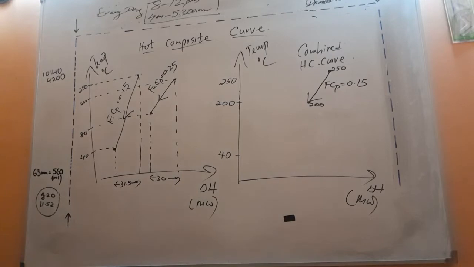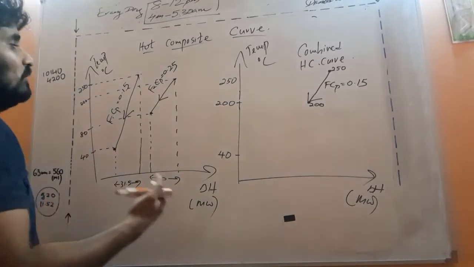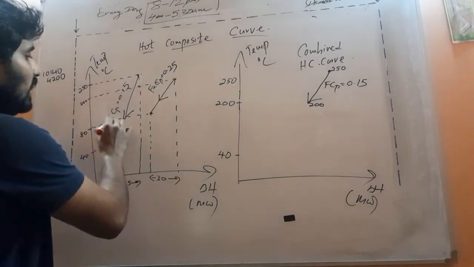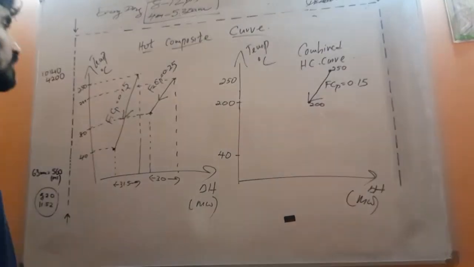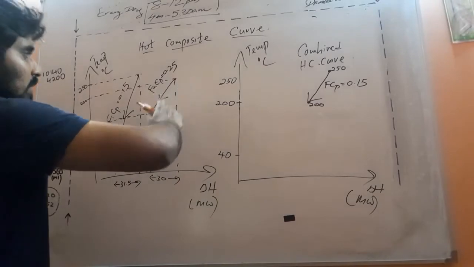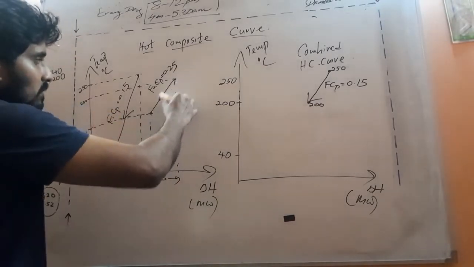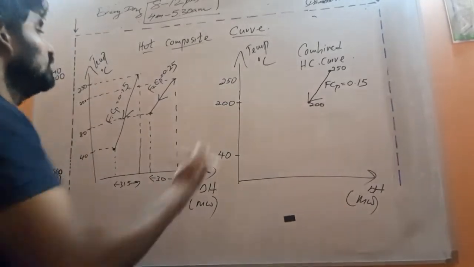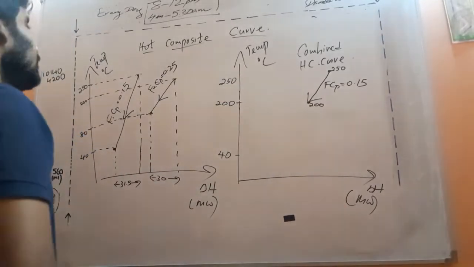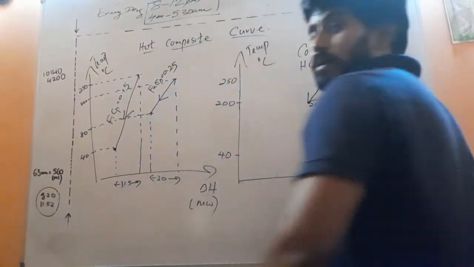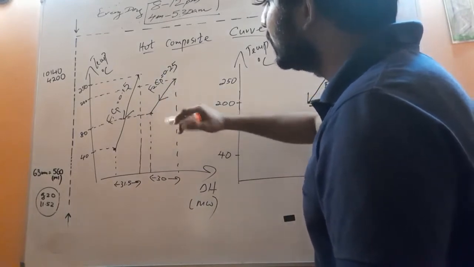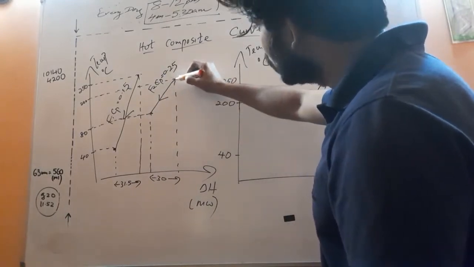Now you have to move from 200 to 80, because this line, let's say curve, but anyhow this curve is a line, you can use to define the temperature values between 200 to 80.